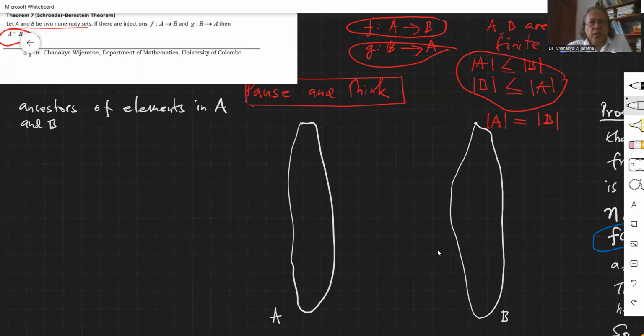Okay, so we start with an element in A. This dot denotes the element, and we call that element its zeroth ancestor. It makes sense, right? So I'm my zeroth ancestor. Now, who is my first ancestor?